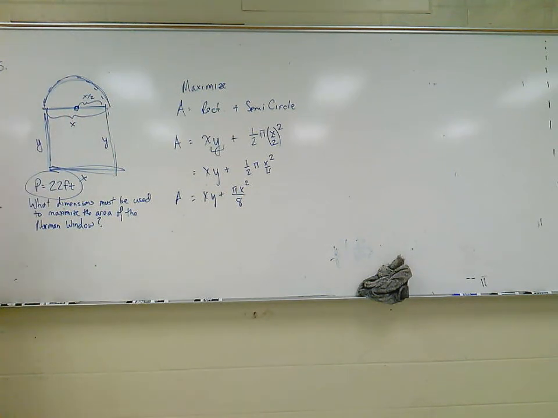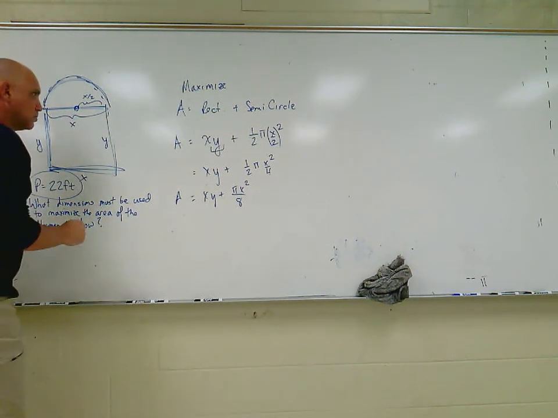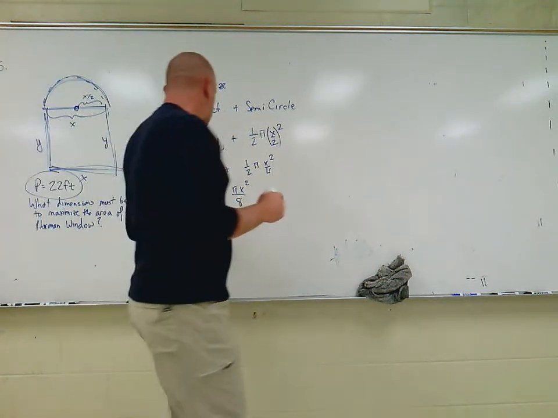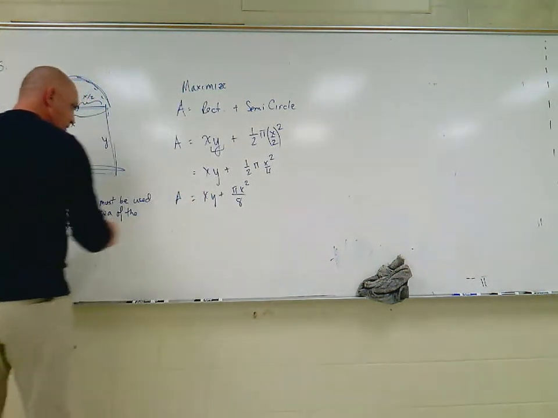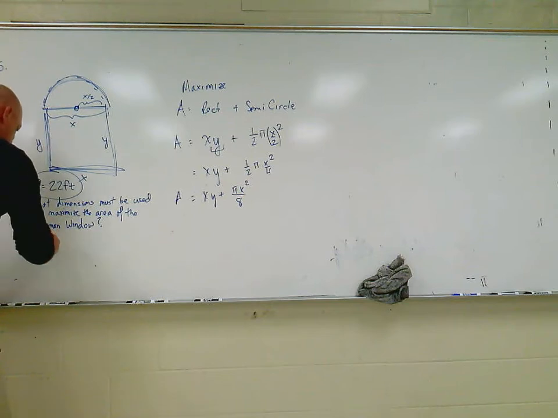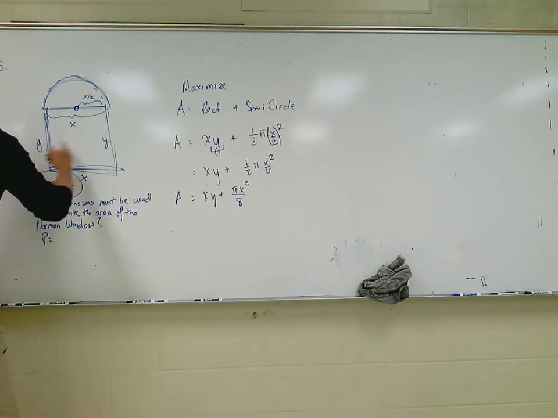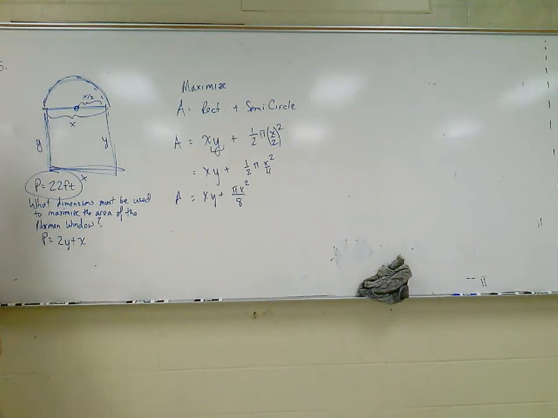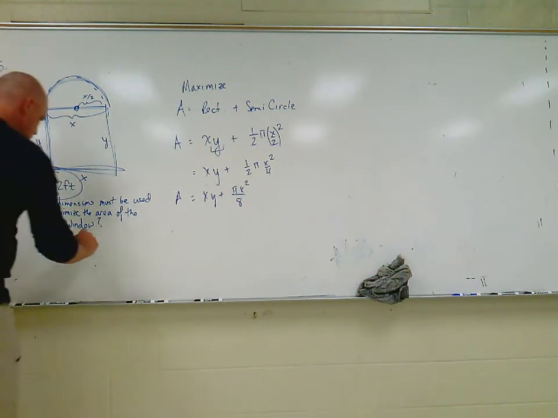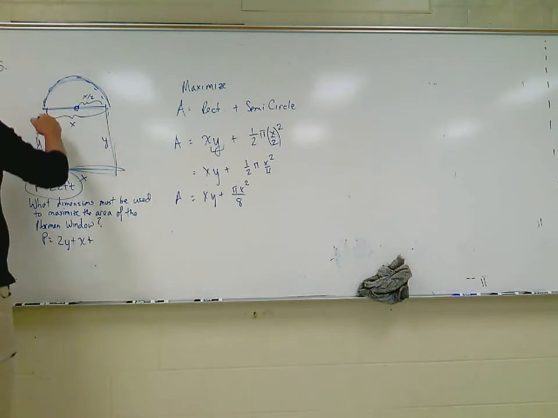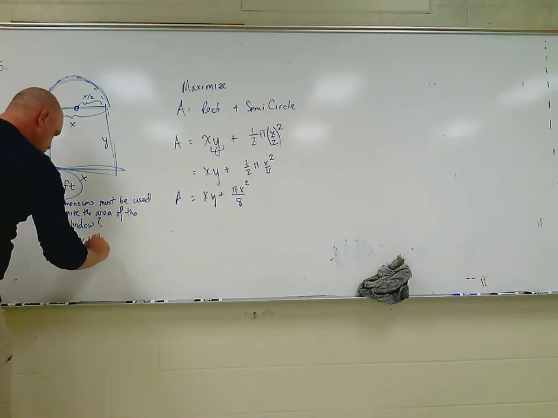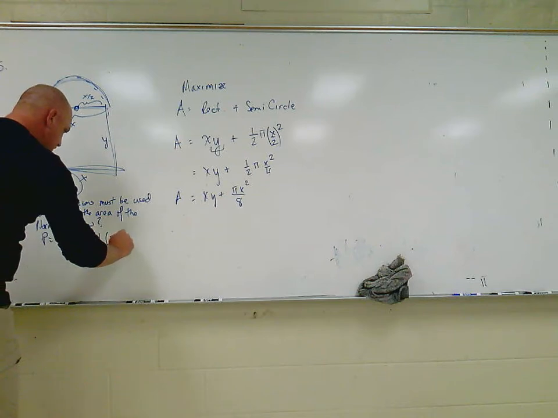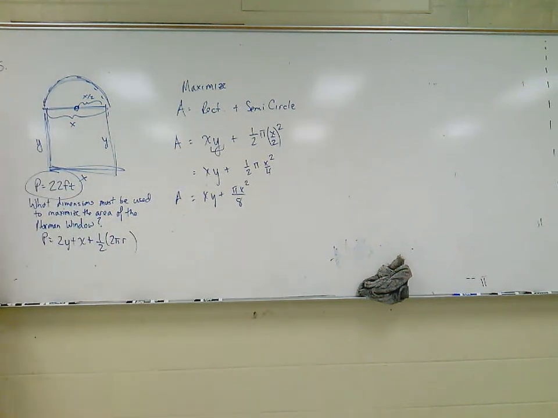So for my perimeter, I need another equation because the problem is I have two variables on the right hand side. So perimeter is y and x, so 2y plus x, plus this circumference here, and it's half of a circumference, so 1/2 of a circumference. And the circumference of a circle is 2 pi r.